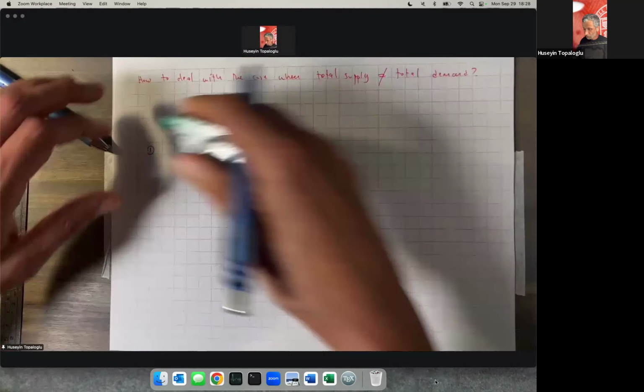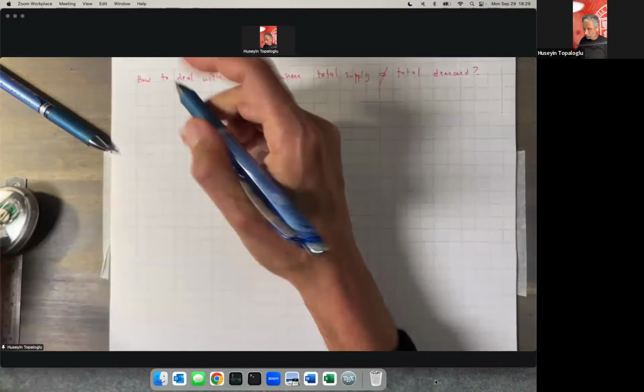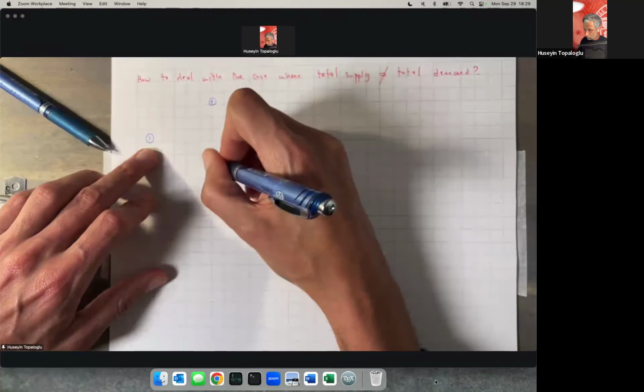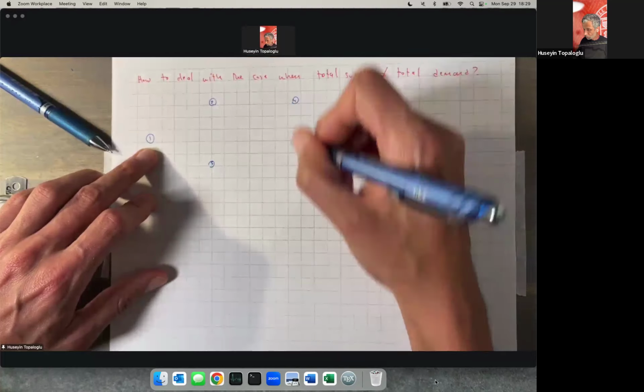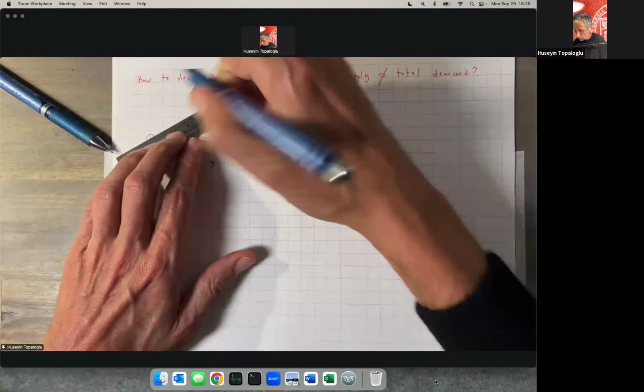Node 1, node 2, 3, 4, 5, more or less the same network.